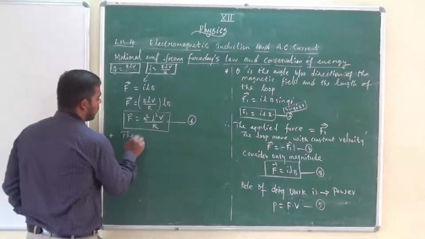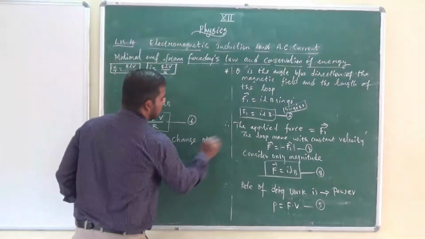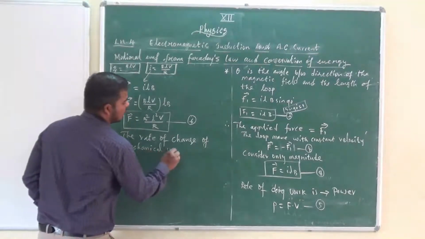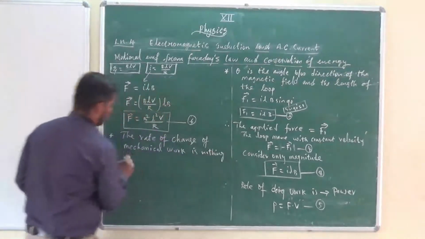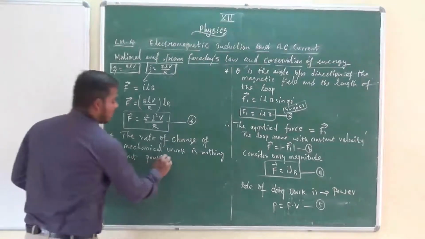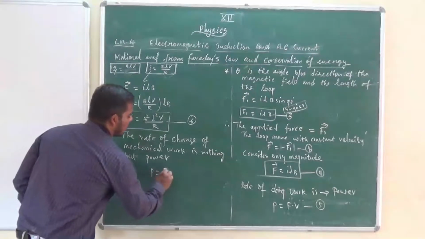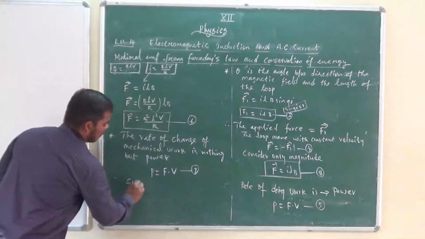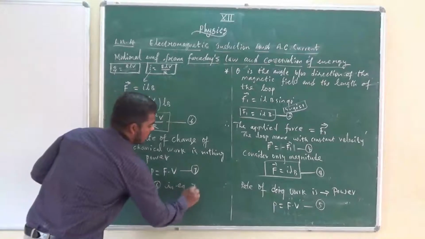The rate of change of work is nothing but power. See the power equation, equation number 7, P equal to F dot V. Substitute equation 6 in equation 7.